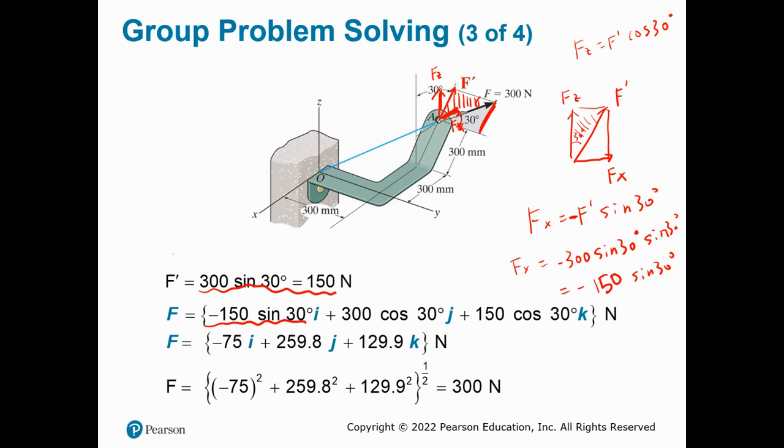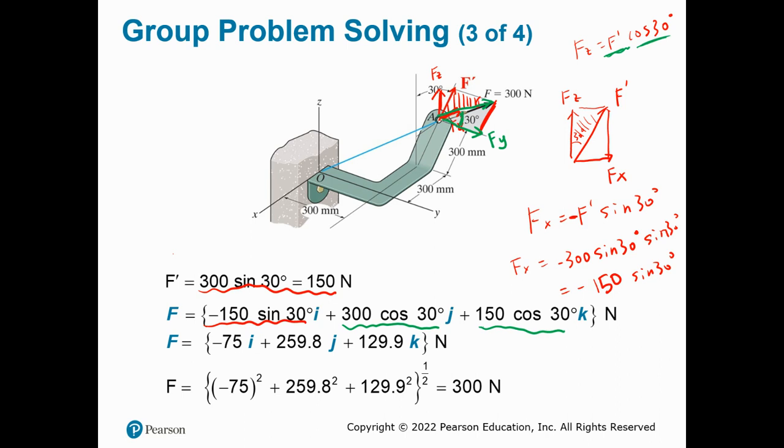When we project this F right here to F prime, the other side of it is Fy. So with that 30 degree triangle, you get Fy as 300 cosine 30. And then for the z, you plug in the F prime, which is 150 newton, times cosine 30. So 150 newton times cosine 30.